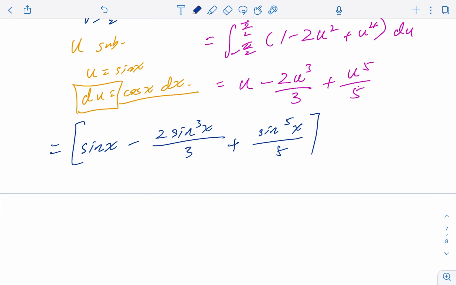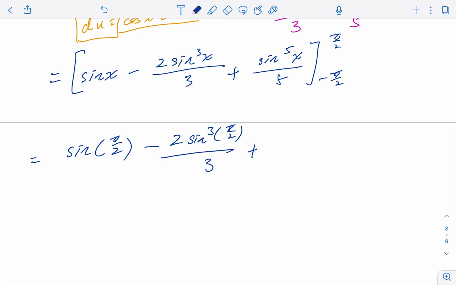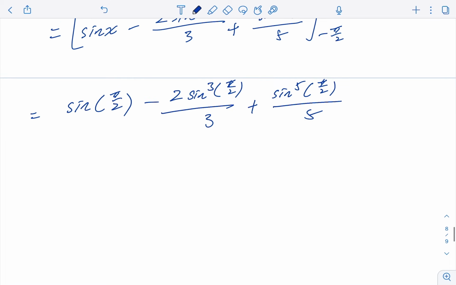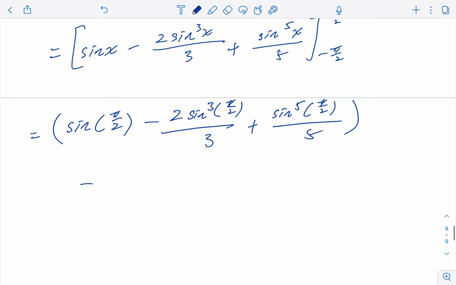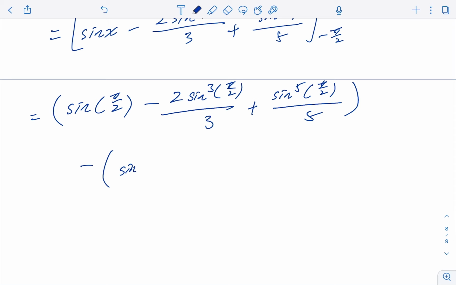And we're going to evaluate this. So we do sine pi over 2 minus 2 sine cubed pi over 2 over 3 plus sine to the fifth pi over 2 over 5, and then subtract the same expression evaluated at minus pi over 2.